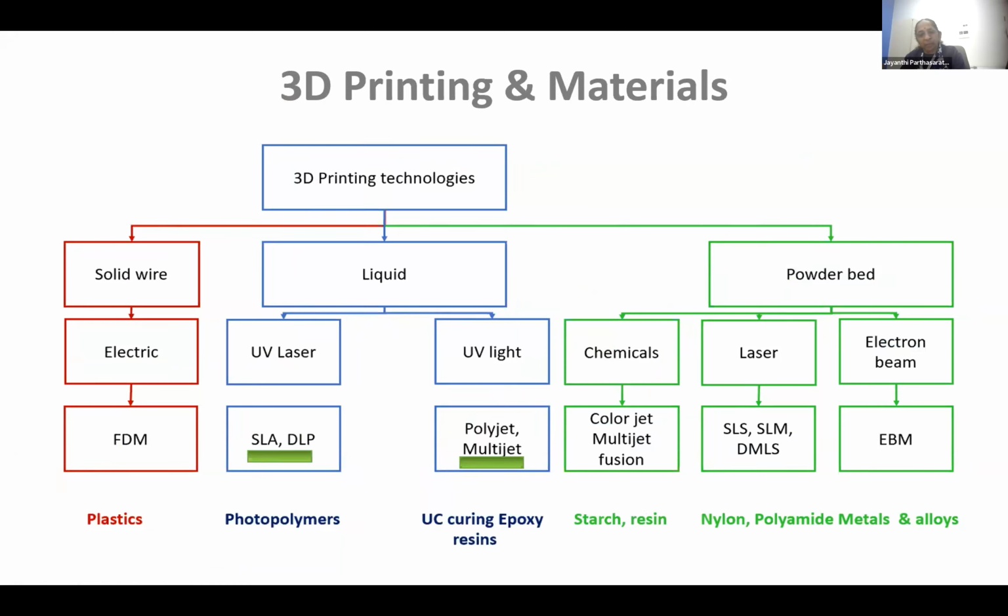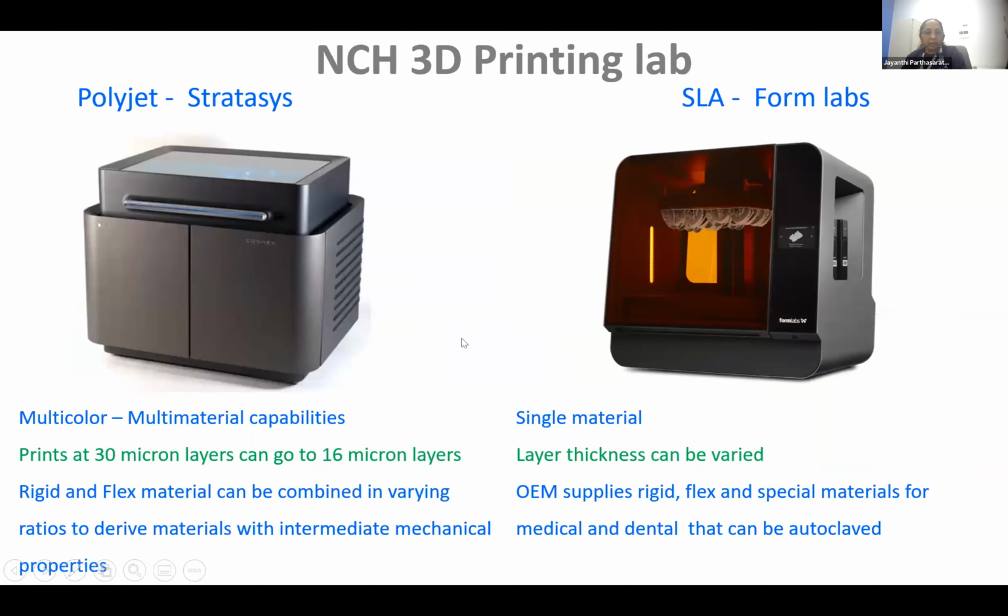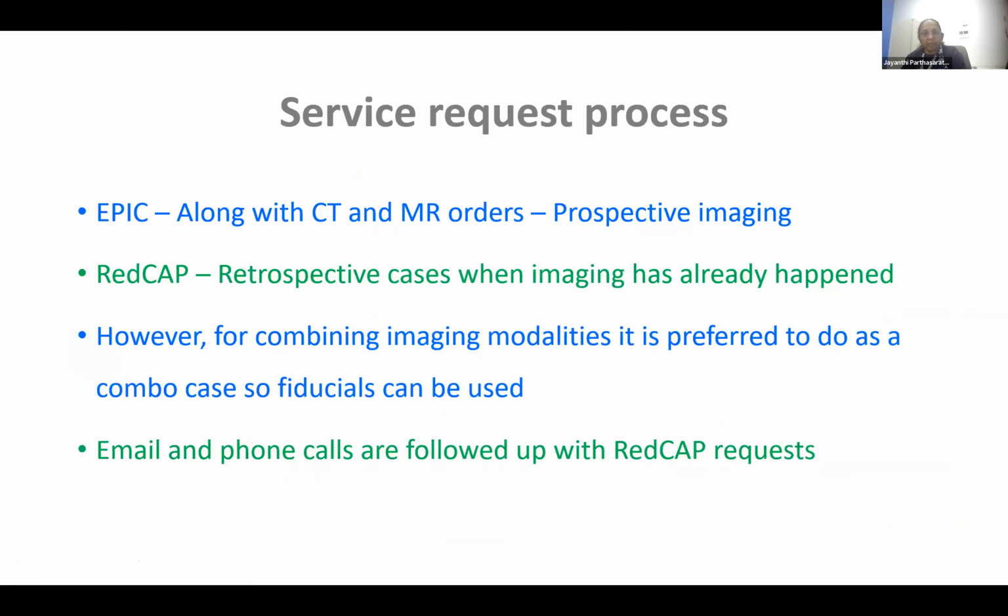I'm really enamored by seeing a new application, a new utilization for a new material that comes in. In our space, we use mainly the SLA and the DLP. We use the Formlabs, and then we use the multi-jet for our bigger prints. These 2 are our workhorses, and they've been doing an extremely good job.